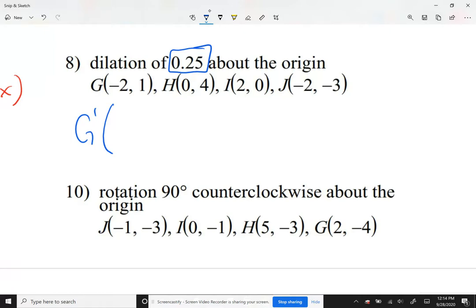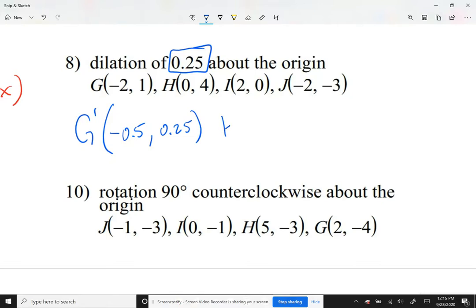So that gives me negative 0.5 and then positive 0.25. All right, I grab the calculator if necessary and multiply each of them by 0.25.